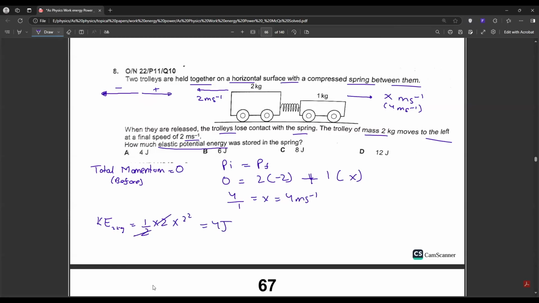This comes out to be 4 joules. What is the kinetic energy of the 1 kg car? 1 upon 2 into the mass, that is 1, into the velocity, that is 4 square. This comes out to be 16 over 2, that is 8 joules. Take 8 joules, take 4 joules, add both of them, your answer comes out to be 12 joules. Simple. Let's further move ahead.